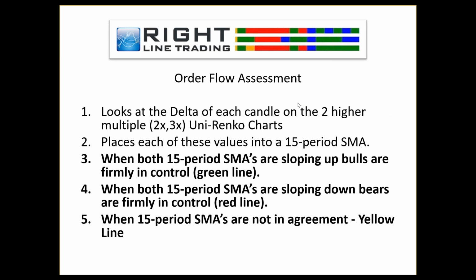If you're trading a 5 range, we're going to take two Fib numbers higher. We're going to look at an 8 and a 13 range. I trade Unirenko. If you're trading a 2 Unirenko, we're going to look at the 4 and the 6 Unirenko. The key is that the indicator algorithm automatically defaults to look at the two higher time frames, whether you're trading time, tick, range, whatever.